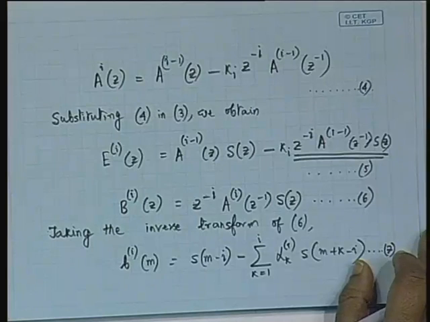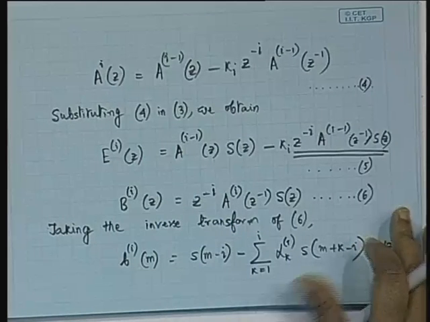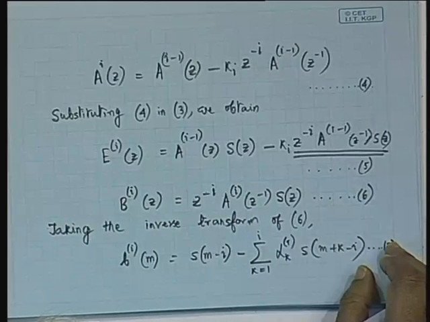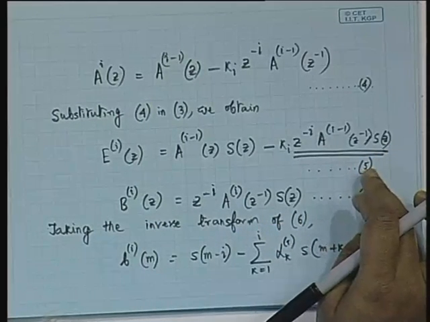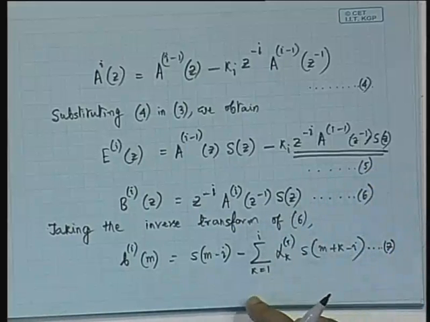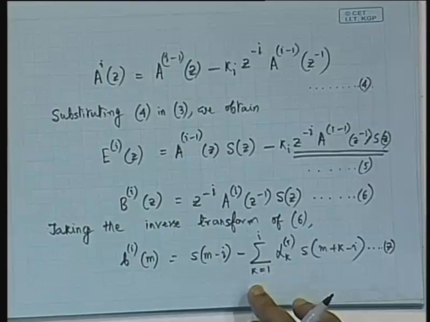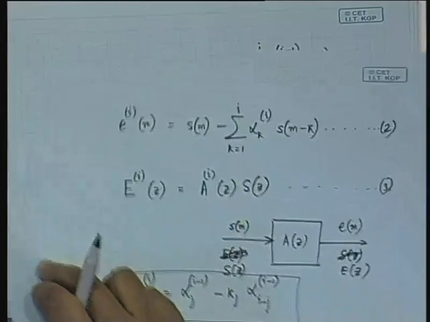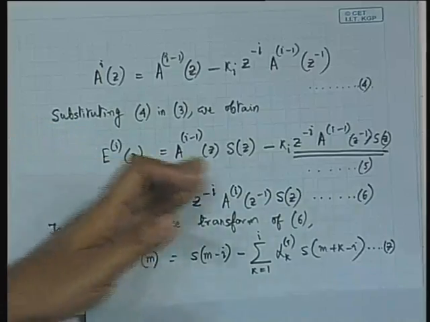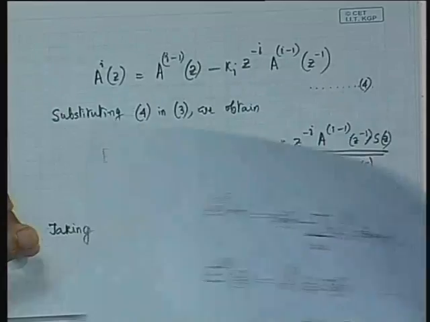And now what we are going to do is return to the prediction error equation. We call this equation number 5, but since equation number 5 is in the Z transform domain, better you look at equation number 2, which is already in the time domain.